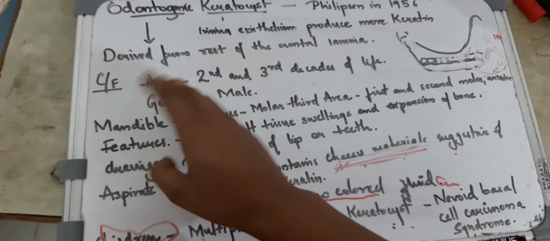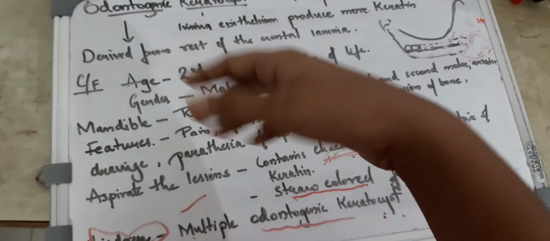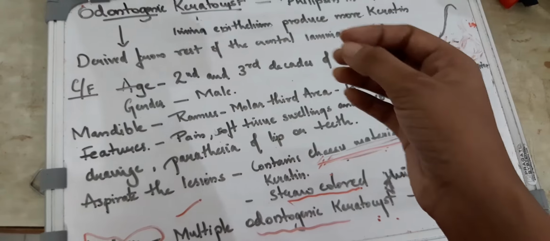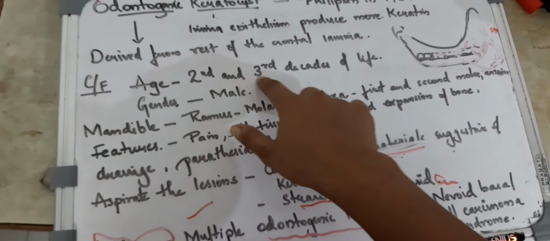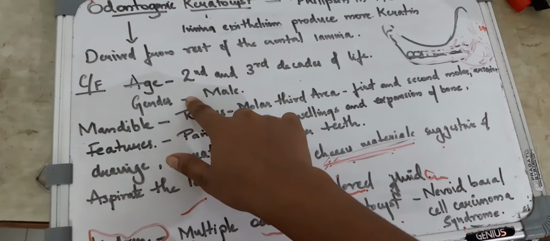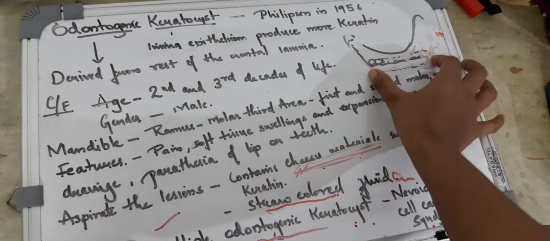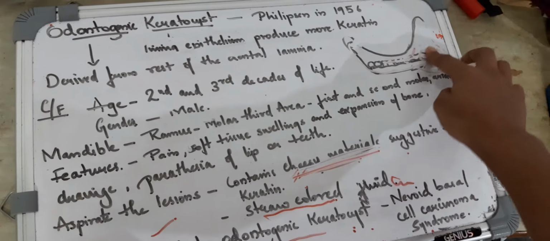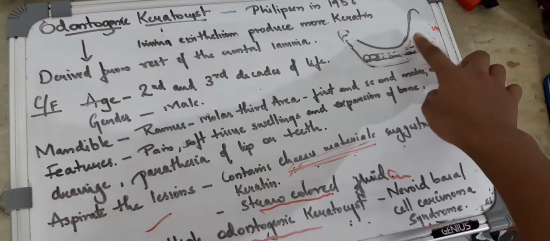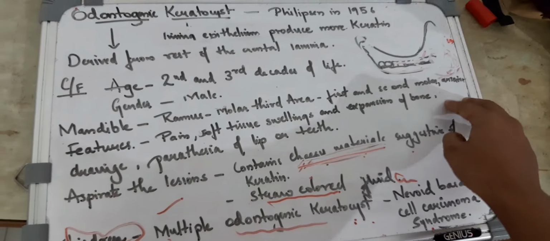Regarding age, it can occur at any age from young to elderly, but it is rare under the age of 10 years. The peak incidence is in the second and third decades of life. It occurs more commonly in males, and the position is the mandible, then the maxilla. In the mandible, it occurs from the ramus to the third molar, first molar and second molar. It can also occur in the maxilla as a secondary site.